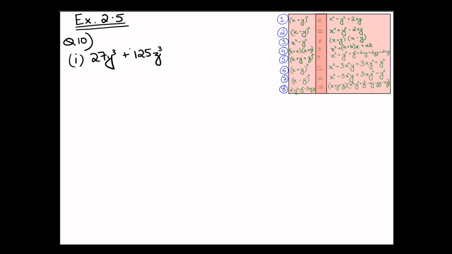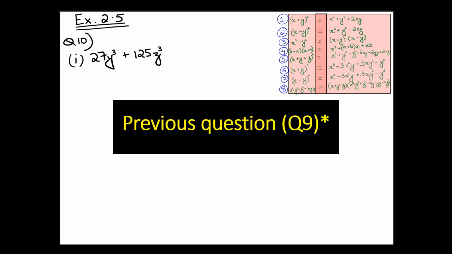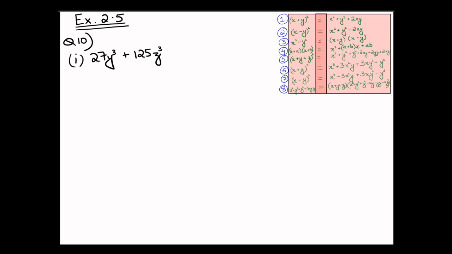Now, if we remember in the previous question, question number 9, we proved two identities, and we're just going to use an application of them in this question. And just to remind, I'm going to write the identities we proved in the ninth question.